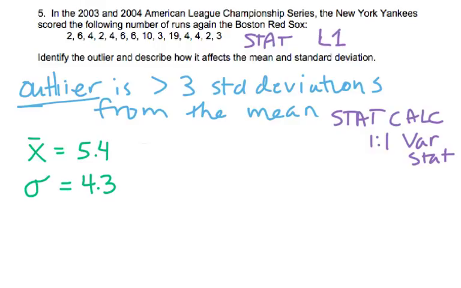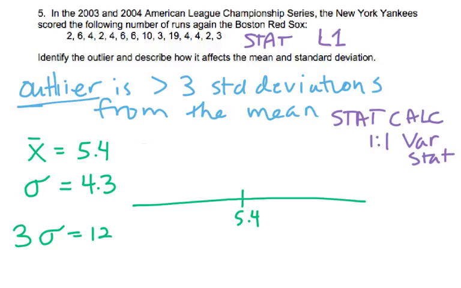So then we look at our average, which is 5.4. 3 standard deviations is 4.3 times 3, which is 12.9. So 3 times the standard deviation equals 12.9.